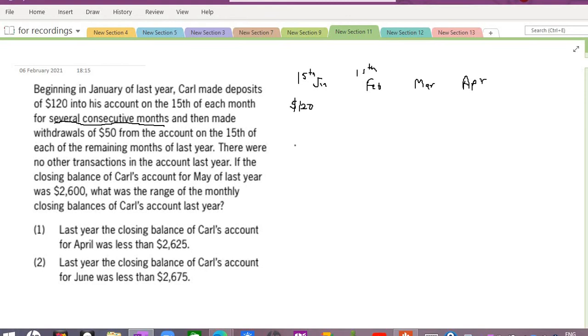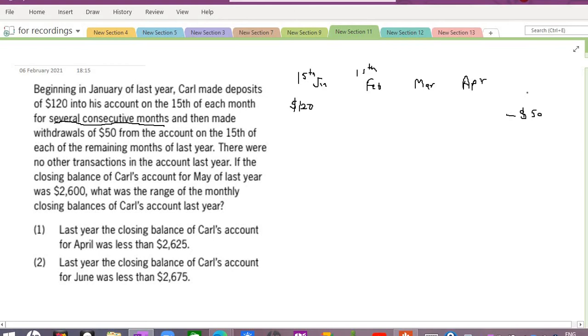But suddenly, from somewhere in between, instead of depositing, he starts withdrawing $50 from the account, again on the 15th of each of the remaining months. So he takes out $50 on the 15th of some month, and keeps doing that up to December. Does it make sense?